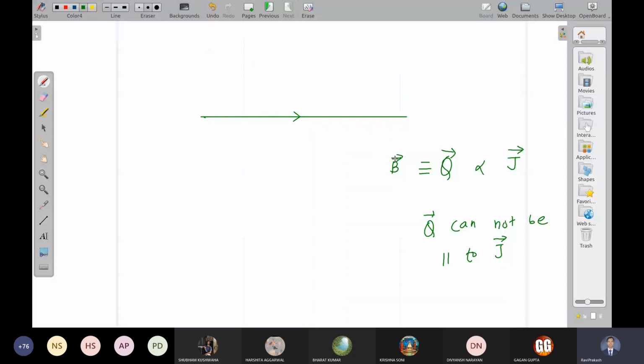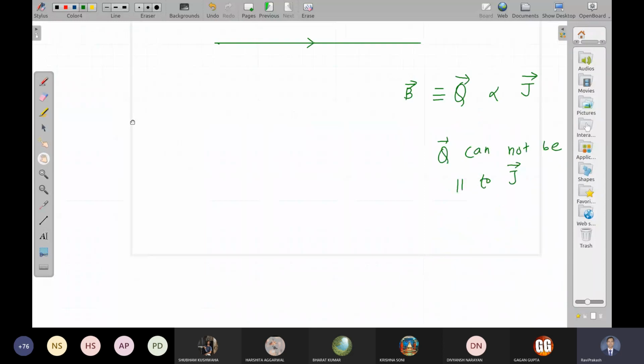But that B is not parallel to J can be proved by some very fundamental requirement. There is no math here, but still we can get some very beautiful results.